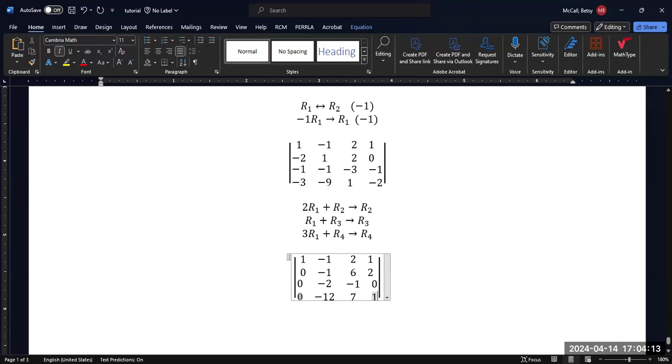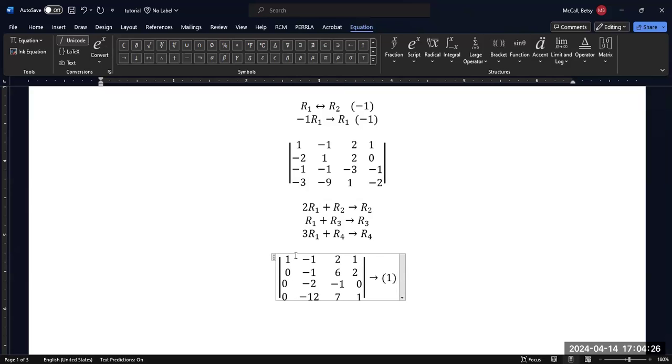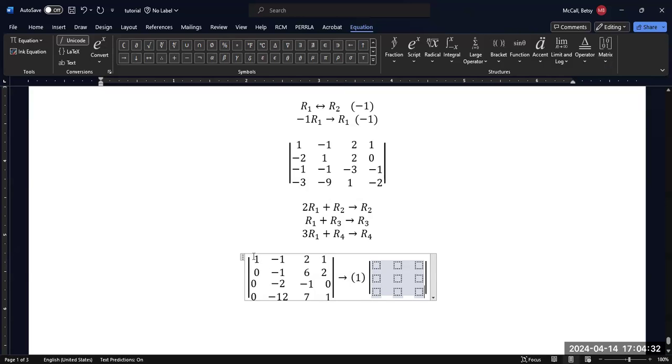And again, I have my 1, 0, 0, 0, and so I'm going to expand on this 1, and I am going to get a 3 by 3 matrix.